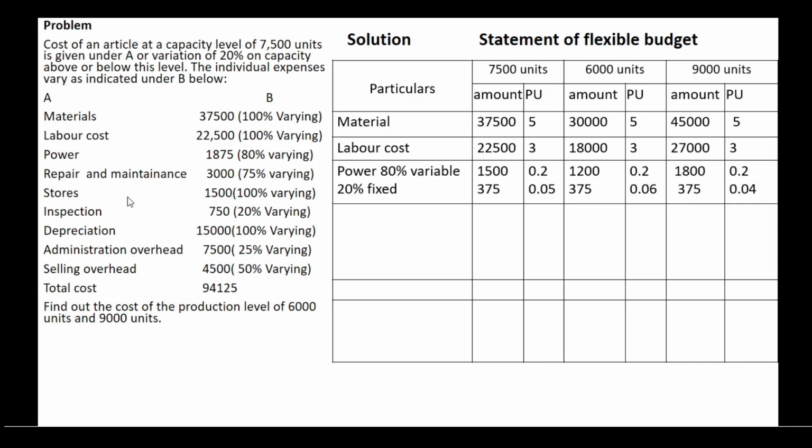And the next expenses are repair and maintenance. So in this repair and maintenance, the amount is 3000. From this 3000, 75% is varying and the remaining 25% is fixed. Okay. So first we calculate the variable repairs and maintenance.